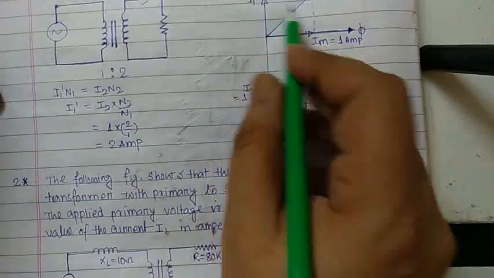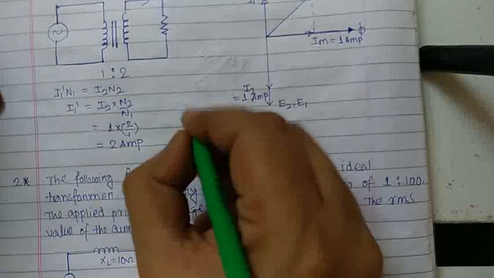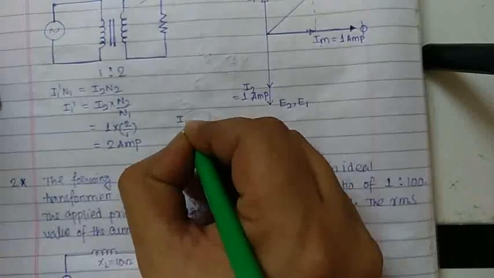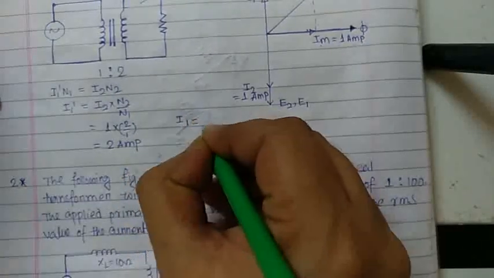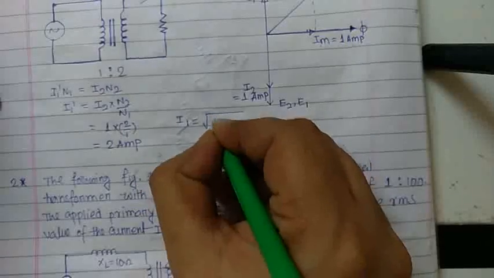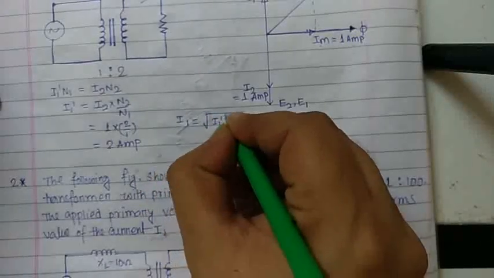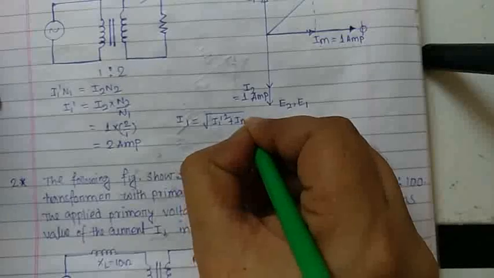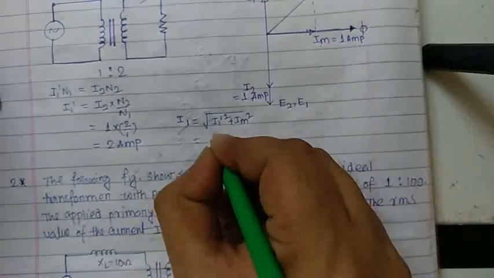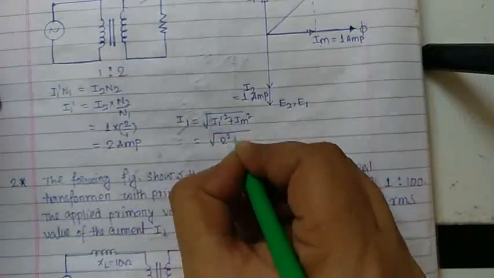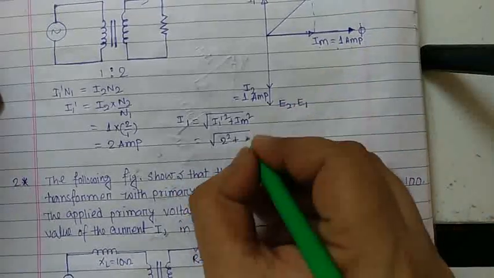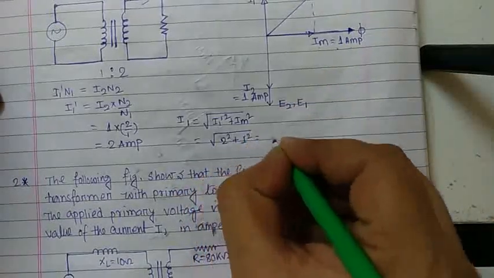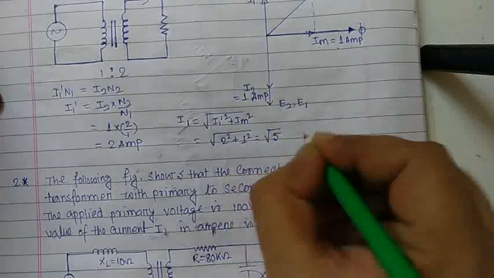Now from this figure we simply write that the primary current I1 is equal to the root of I1 dash square plus Im square, that is 2 square plus the magnetizing component current 1, that is 1 square, that is root 5.